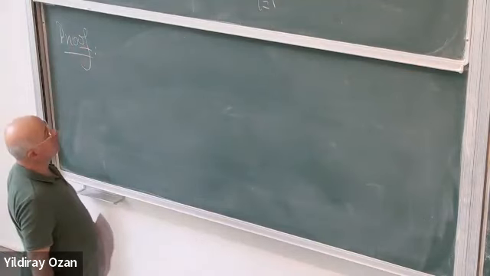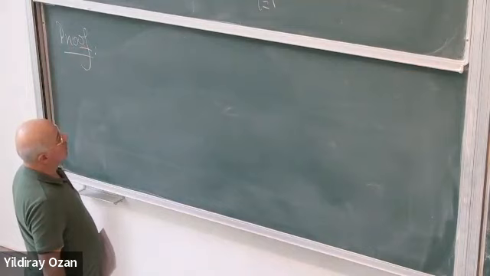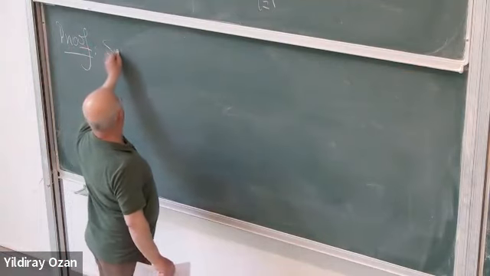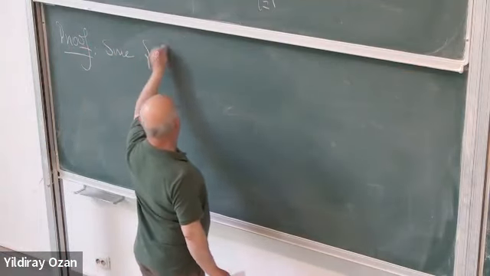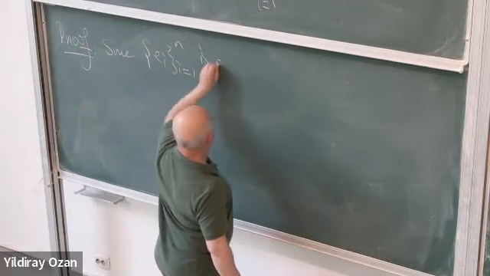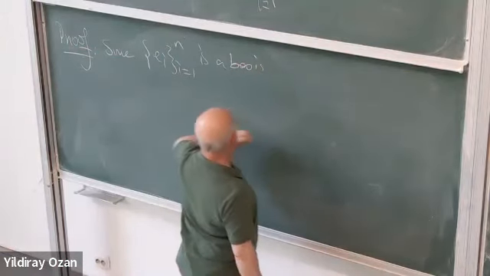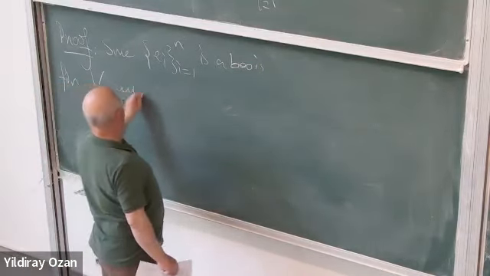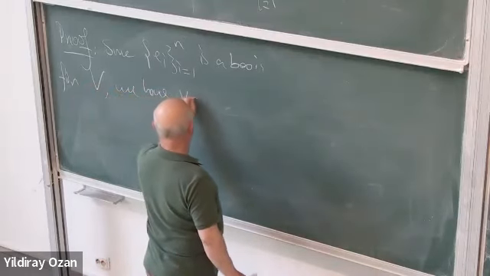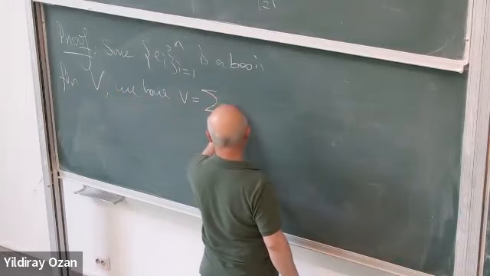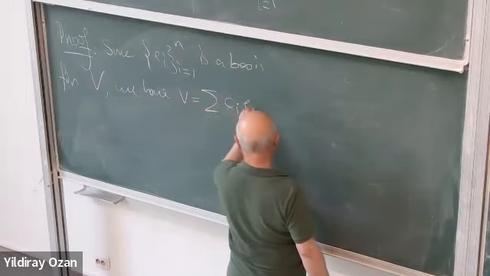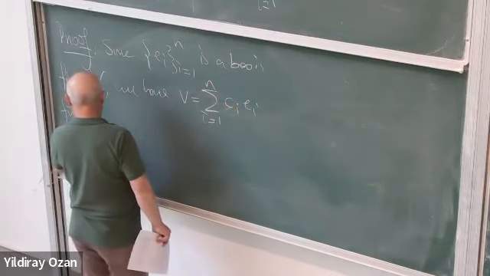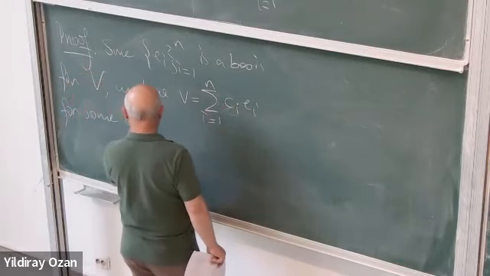Okay, let's just see. Since this is a basis for the vector space V, we have V equal to this gadget, right? Sum of ci times ei for some ci in the field.